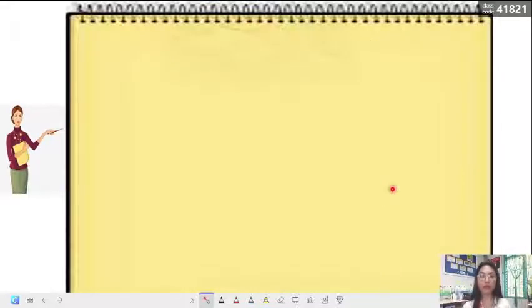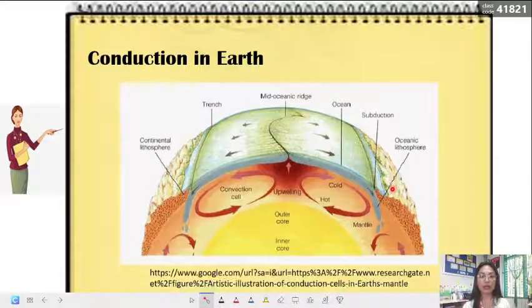So in our earth, this is how it is happening. This is the inner core, the yellow one, and then the brown one is the mantle, which behaves as a viscous fluid. If you notice, the inner core is very hot, and this mantle part of the earth is attached to the core, so conduction really happens.